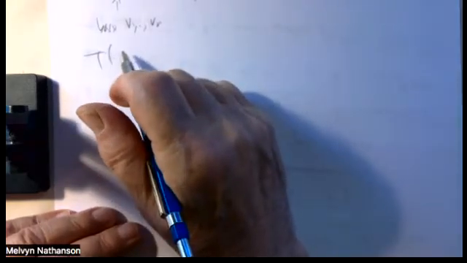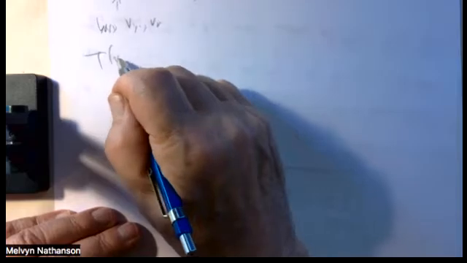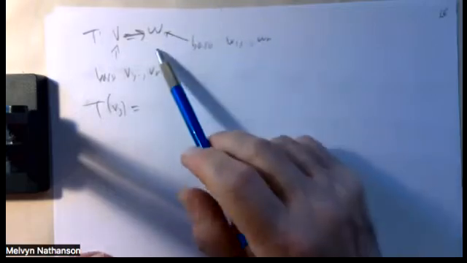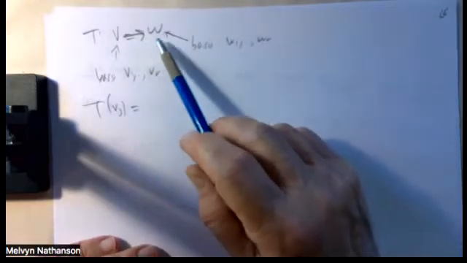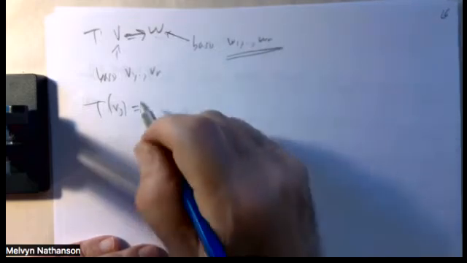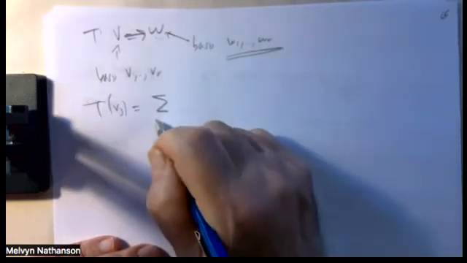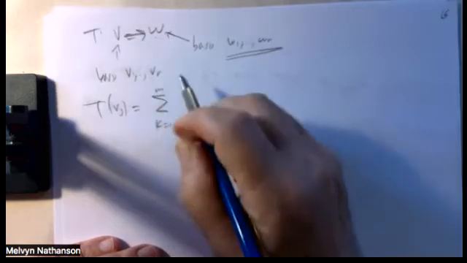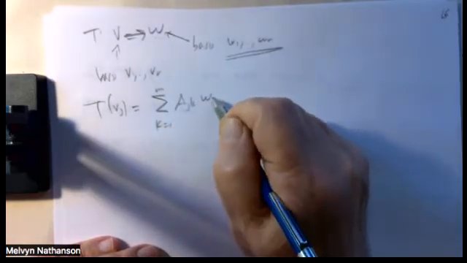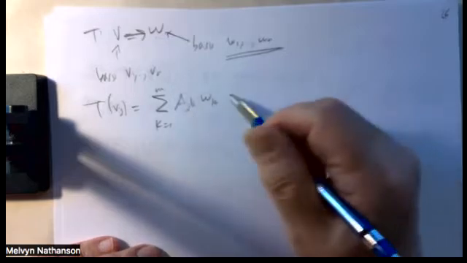If I take any vector vj in the basis, T of vj is a vector in W. That means T of vj is a linear combination of the vectors in the basis for W, so I can write it as a summation, k from 1 up to m, of a sub jk times w sub k.